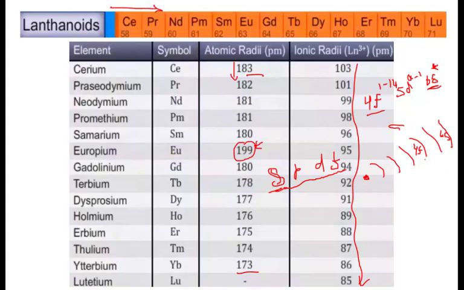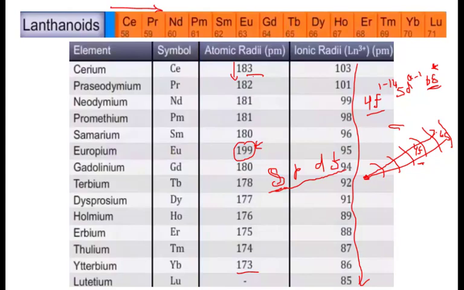So as a result of the poor shielding effect of the f subshell, the 6s electrons are strongly attracted by the nucleus. Due to the poor shielding effect of the f subshell, the outer electrons will be attracted strongly, and as a result, the nuclear charge experienced by 6s electrons will be more.